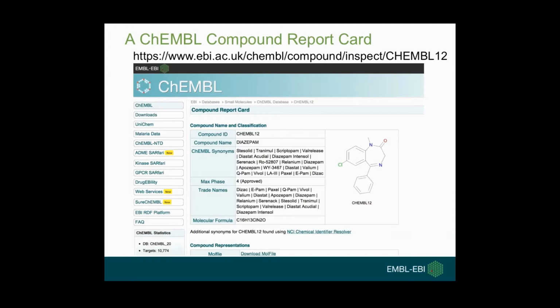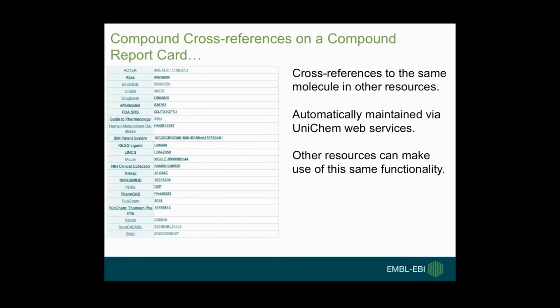Hanging off that page is all the information relating to that compound in ChEMBL, including all the bioactivity data and so forth. But if you were to scroll down to the bottom of this particular page, you'll notice that there are a series of cross-references to the same molecule existing in other resources.